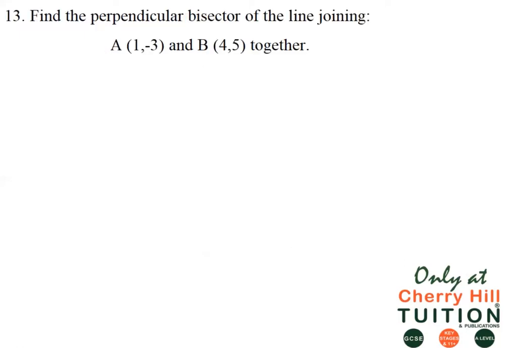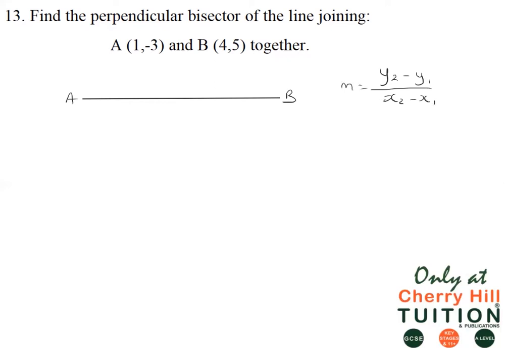Question 13, find the perpendicular bisector of the line joining A and B together. So we've got 2 points. The best thing to do would be to work out the gradient of AB first. The gradient formula is y2 minus y1 over x2 minus x1.